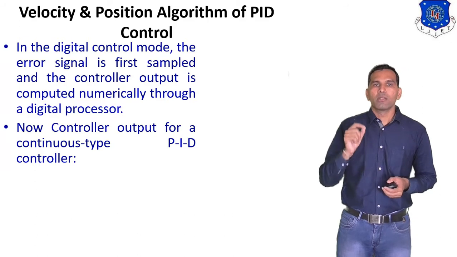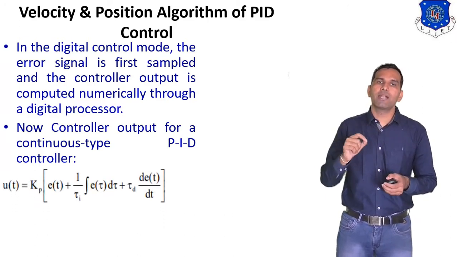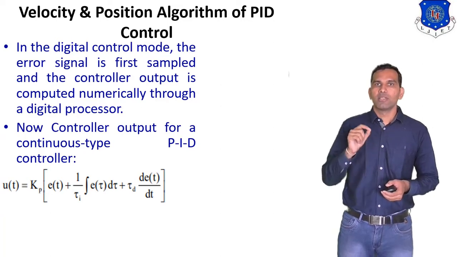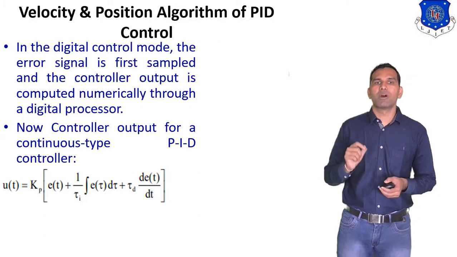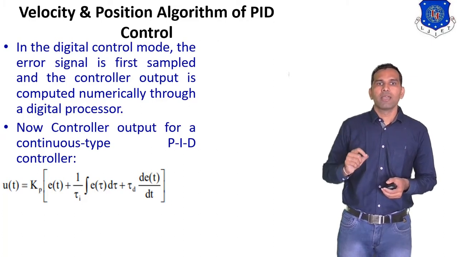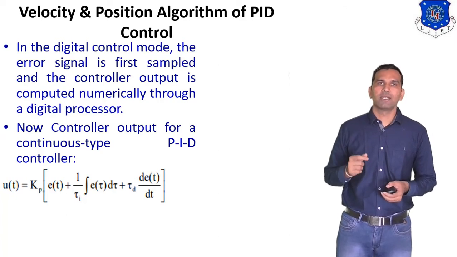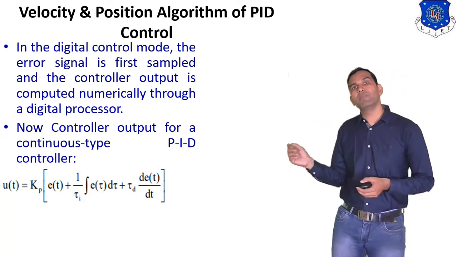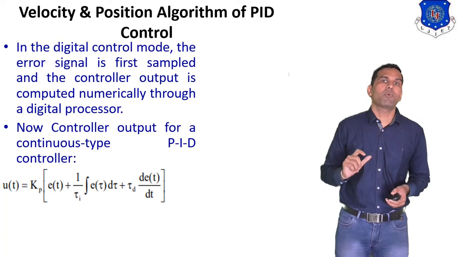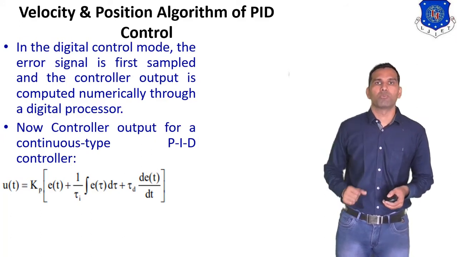So now the controller output for a continuous type PID controller is u(t) equals Kp e(t) plus 1 upon tau I integral of e(tau) dt plus Td de/dt. So this equation represents the continuous form of this PID controller.